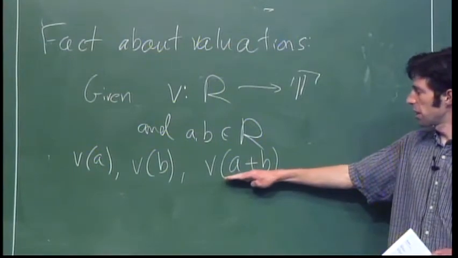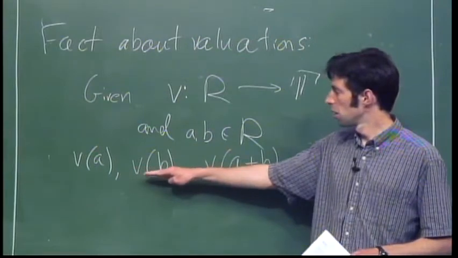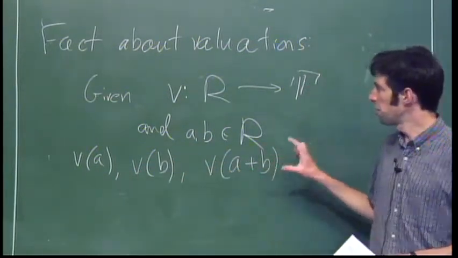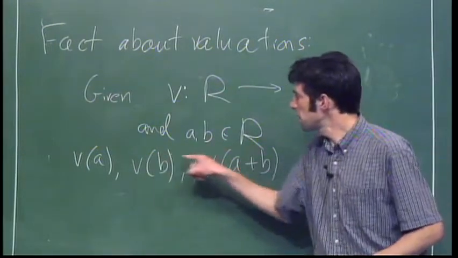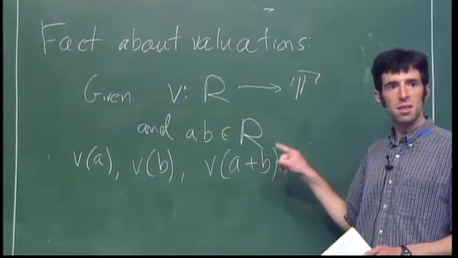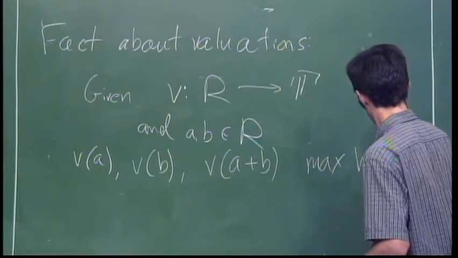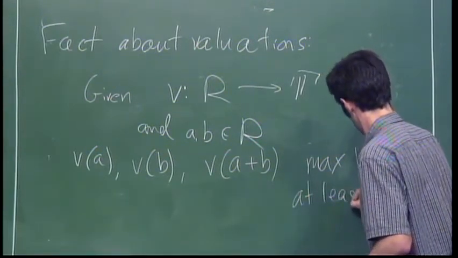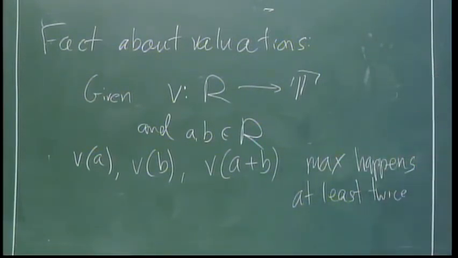So the valuation of A plus B, in general, will be less than or equal to the valuation of A plus, in the tropical sense, meaning max, valuation of B. But the fact is, and this is an easy little exercise you can do, that of these three numbers, the max is attained at least twice.